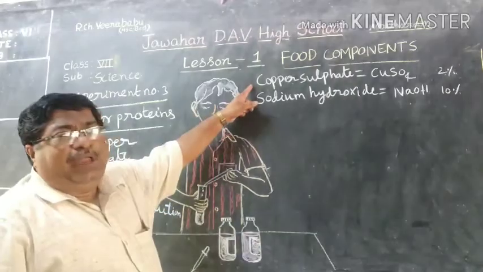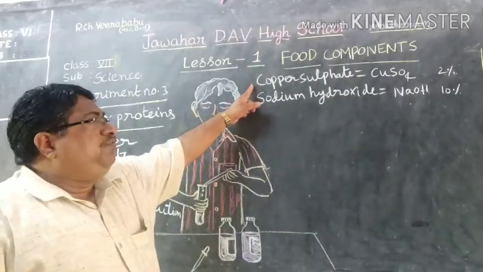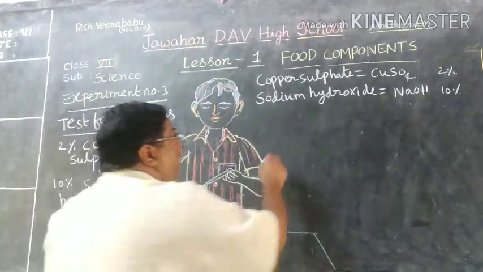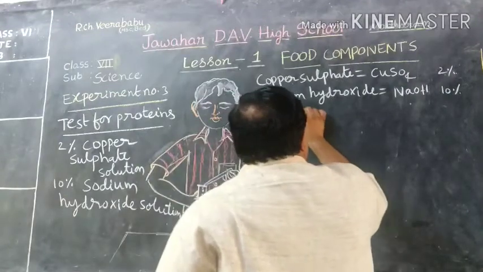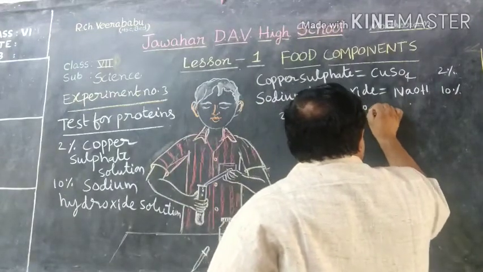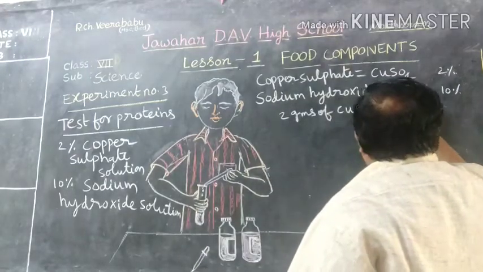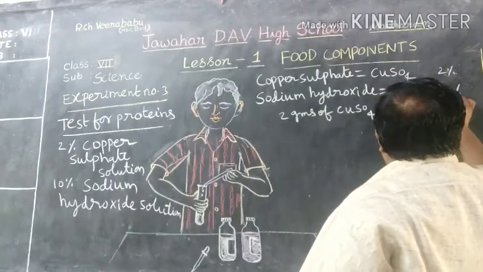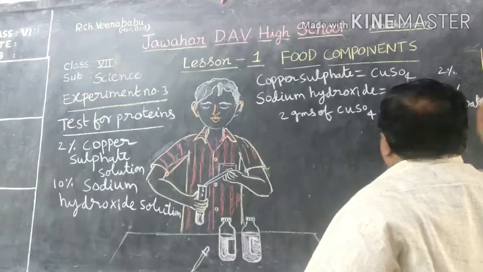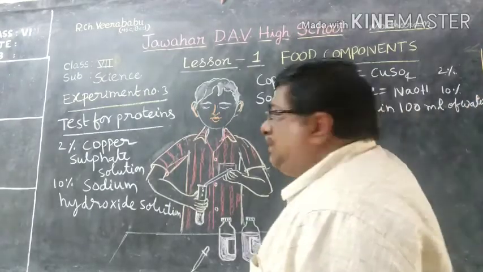So in order to prepare 2% of copper sulfate solution, we have to add 2 grams of copper sulfate in 100 ml of water.